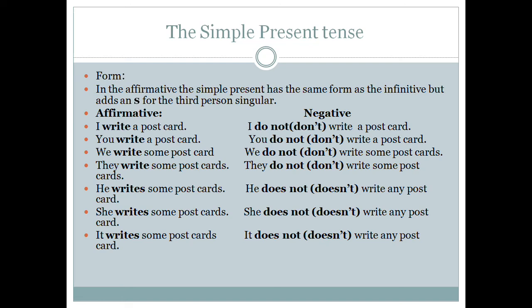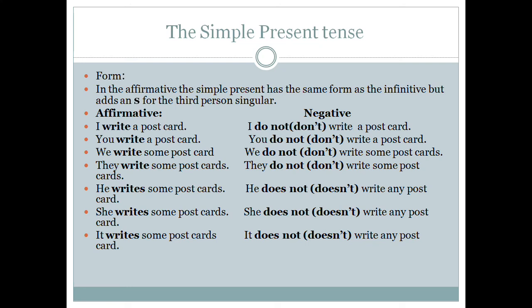Negative. I don't write a postcard. You do not or you don't write a postcard. We don't write some postcards. They don't write some postcards. But what about he, she, it?